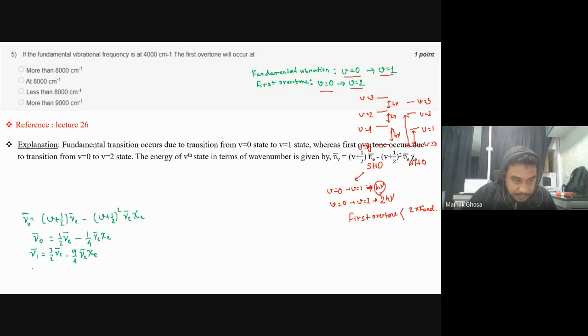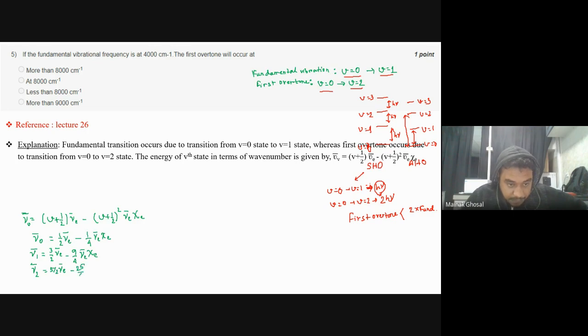Next, I need to find nu 2 prime. Put v equals 2: 2 plus half is 5 by 2, so 5 by 2 nu bar e minus 5 by 2 square, it will give you 25 by 4.